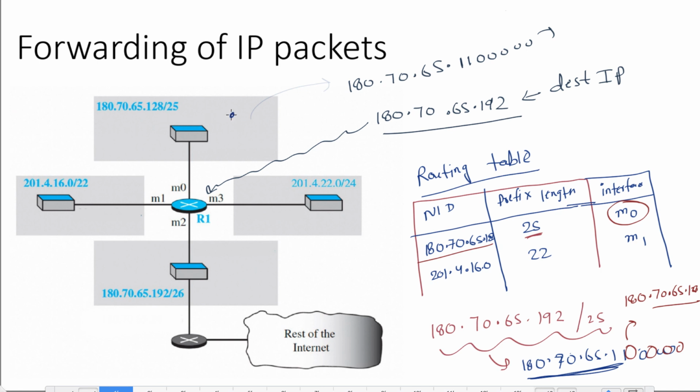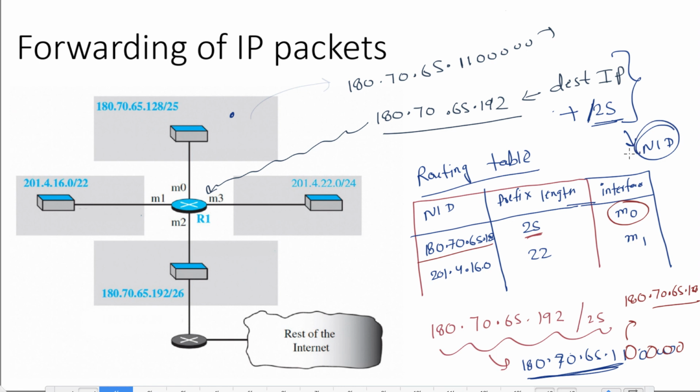So it checks in which network this packet belongs, using the prefix length. It applies the prefix on this destination IP. The destination IP is given to us, and the prefix is taken from the routing table, which is /25, and from these two it finds the network ID.